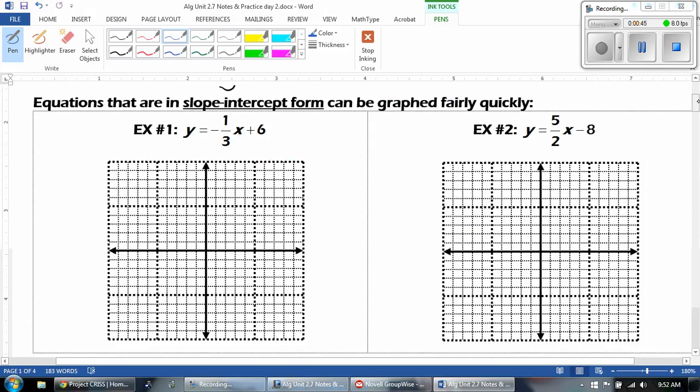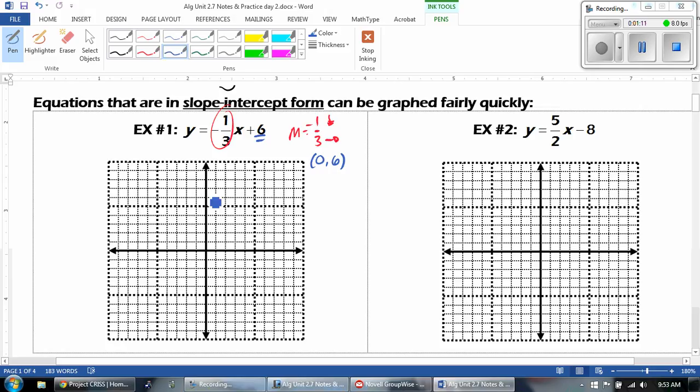Equations that are in slope-intercept form can be graphed fairly quickly. Looking at our first line, I can see that my slope is negative 1/3, which tells me to go down 1 over 3. I begin at the point (0, 6).